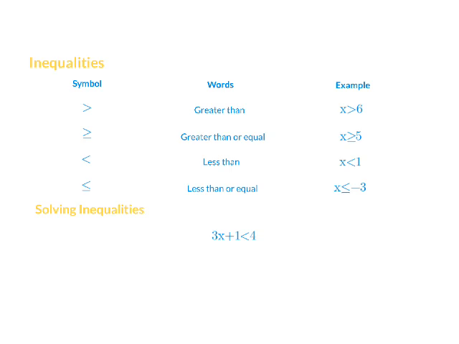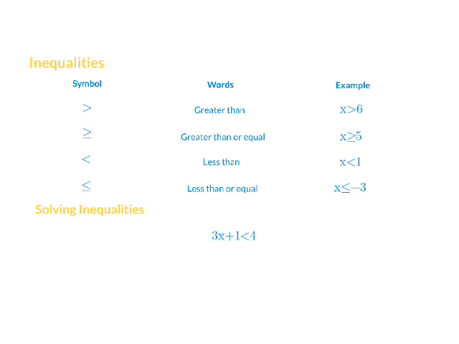Now, when solving inequalities, we usually deal with inequalities as equations. So, instead of having an equal sign, we will have any of these four symbols. To solve this inequality, I'm going to put the x on one side and the numbers on the other side.